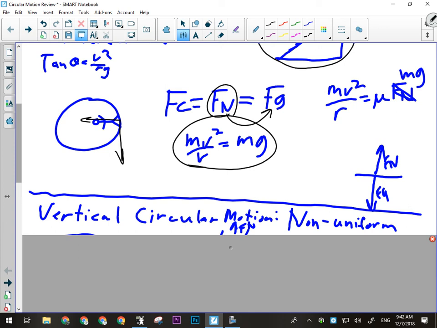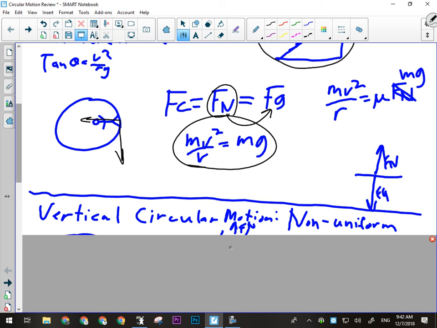If I don't go that minimum speed, what will happen? You fall out. But if I'm going just that minimum speed, then I don't push on the track and the track doesn't push back on me, so I feel weightless. If I go any faster than that, then I feel heavier than normal. If I go over the top of a vertical circle, I'm always going to feel either equal to my normal weight or lighter. If I go fast enough, I will lose contact with the track and I will feel weightless.